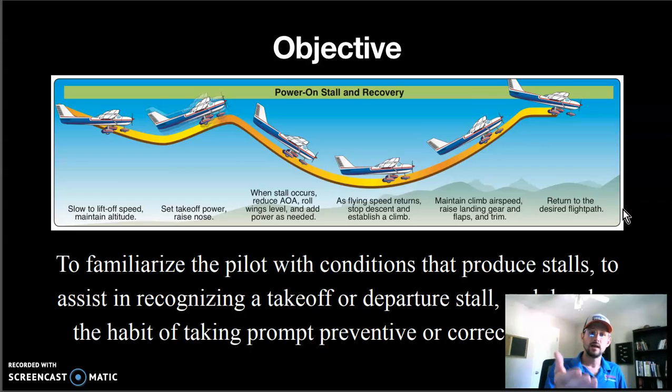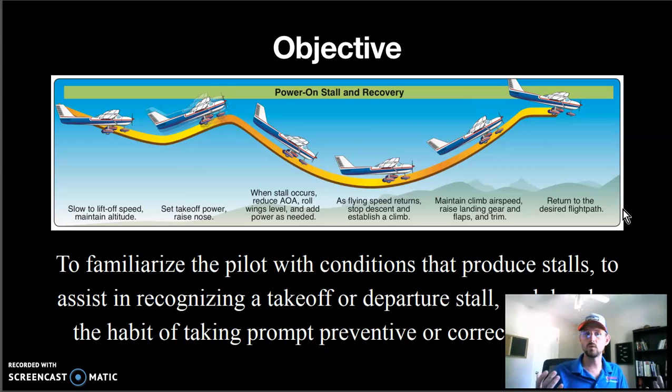So this image is taken from the Airplane Flying Handbook, and it's a great side shot of what a power on stall is demonstrating, what it looks like, and what it's supposed to do as we fly this maneuver.